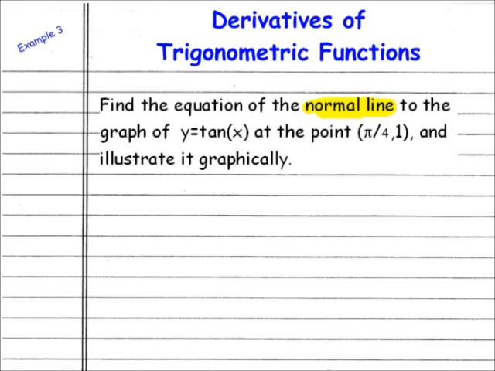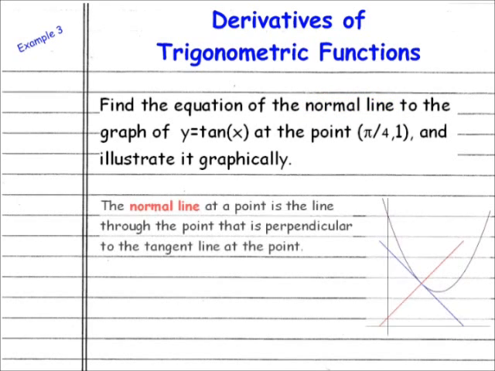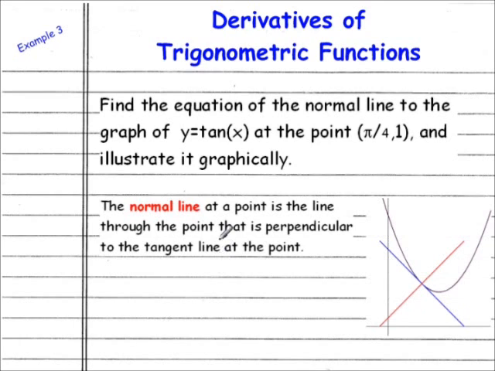Before we can even begin to work on this problem, we have to understand what a normal line is. So as we look here, the normal line at a point is the line that is perpendicular to the tangent line at that point. So for instance, if we look at this graph, we want to know the normal line at the point that we have right here.